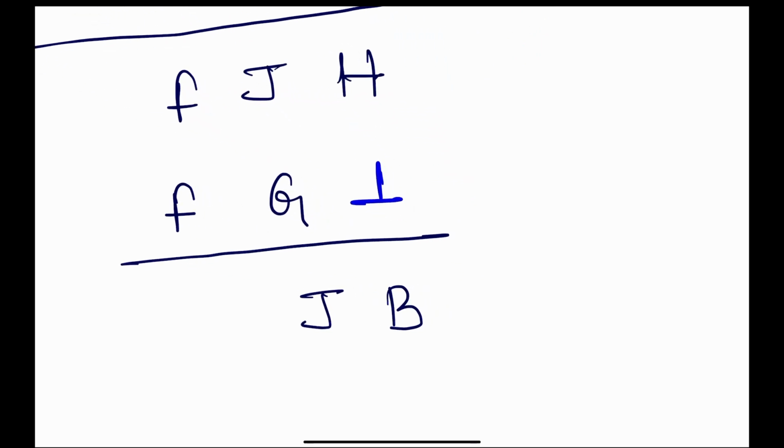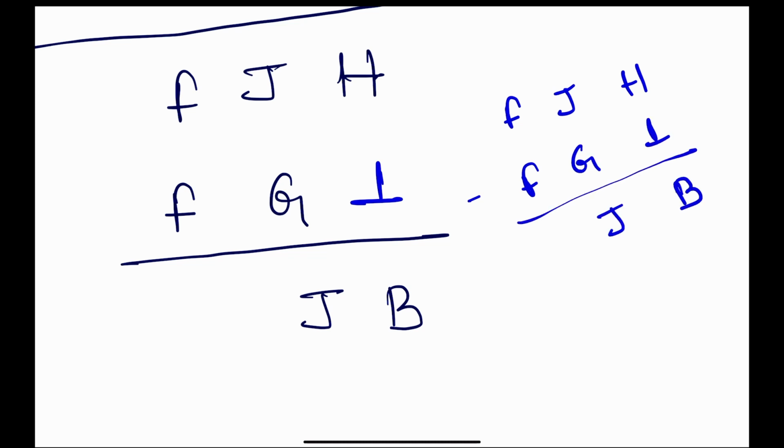So FJH minus FG1, and we are getting JB.